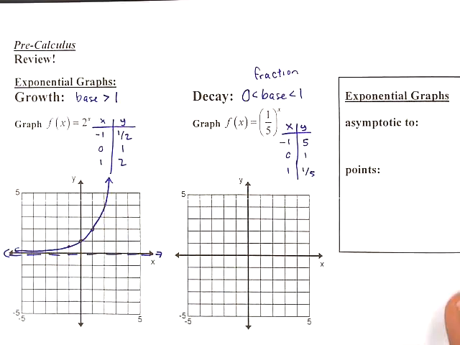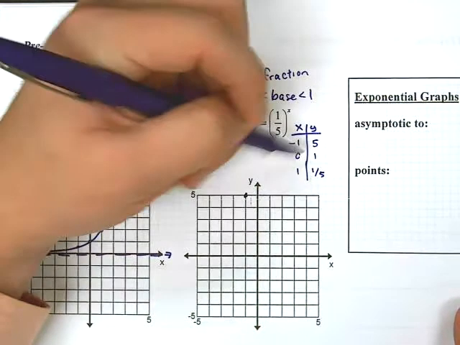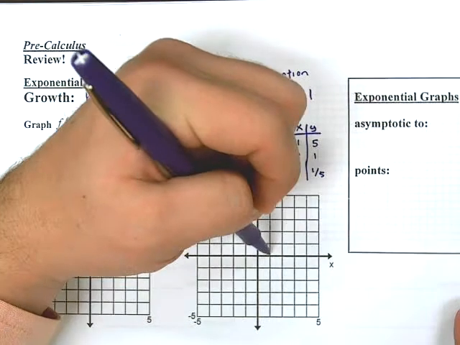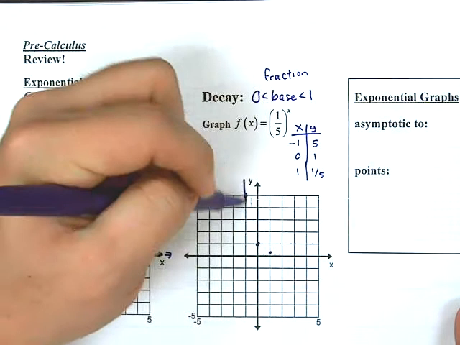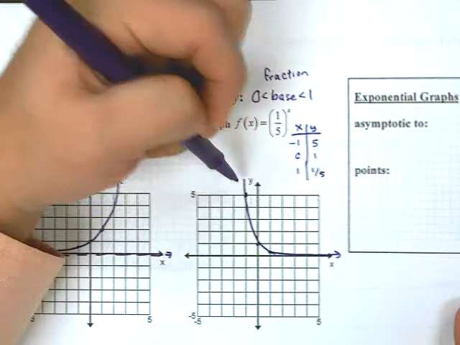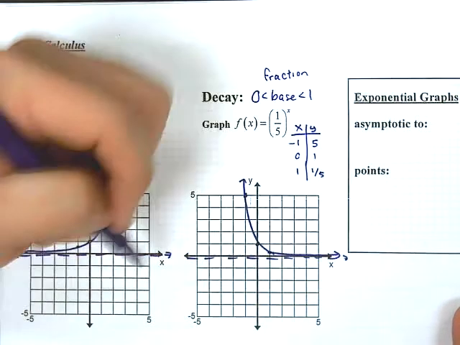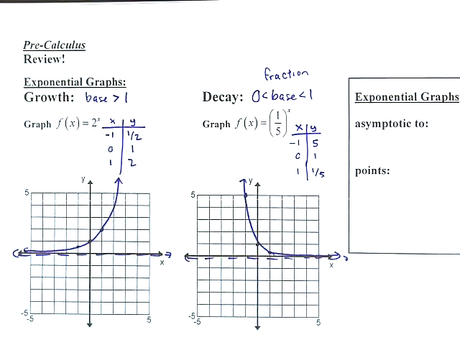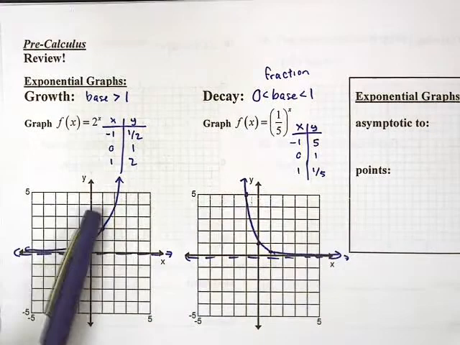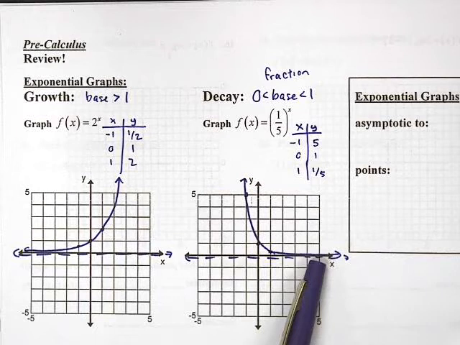So now we notice when we plot (-1, 5), (0, 1), (1, 1/5), something like that, this is what we now call decay. What I need you to understand from this is that growth is moving away from the x-axis, decay is getting closer to the x-axis.